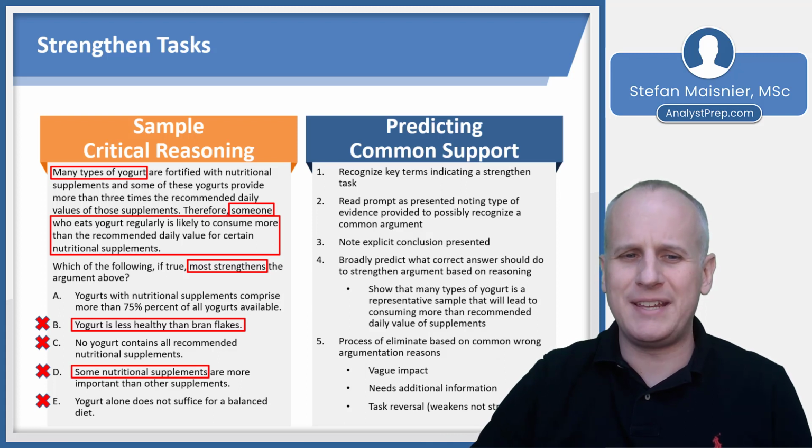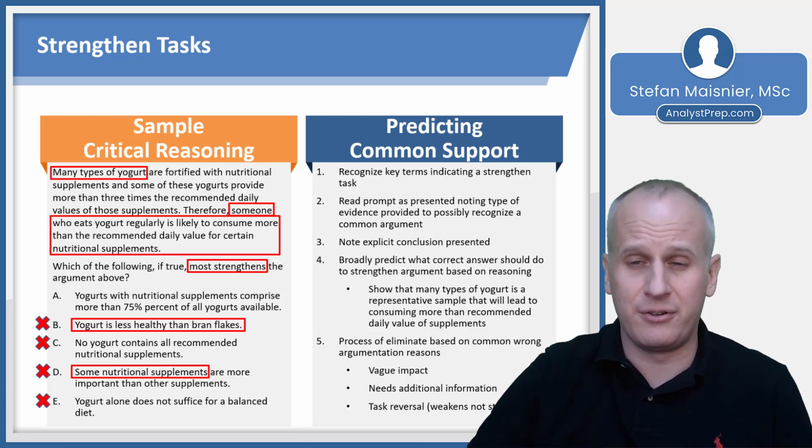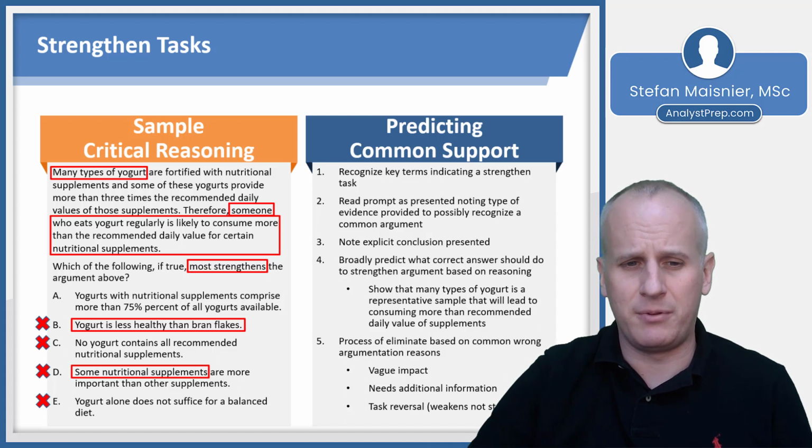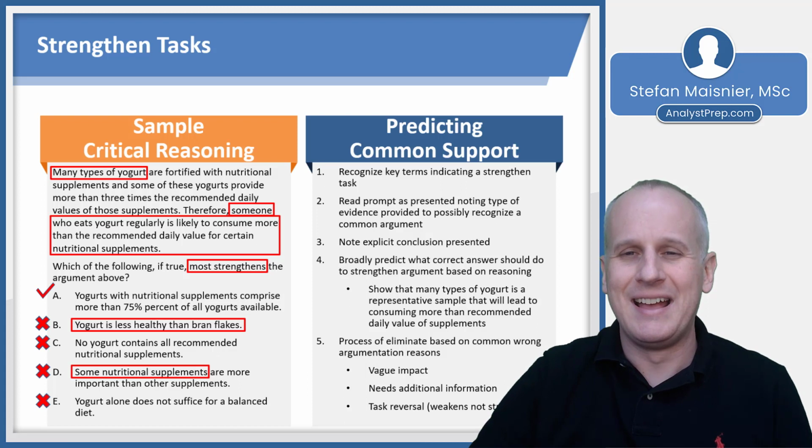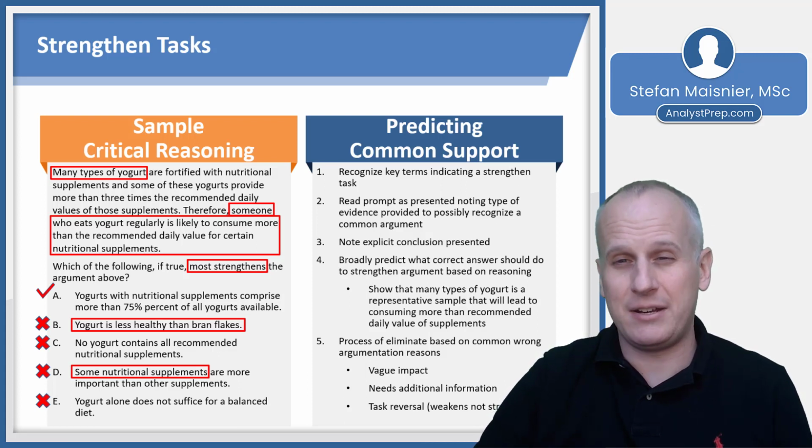So, therefore, if someone eats yogurt regularly, they are more than likely going to eat those types of yogurt that have the nutritional supplements, thereby supporting the assumption that many types of yogurt wasn't a small percentage of all yogurts, even though you could have a lot of yogurt, but it ultimately ends up being a small proportion of the greater population. So, choice A addresses the possible assumptions regarding the sample, not necessarily representing the whole, but in this case it does, and A would be our correct answer.